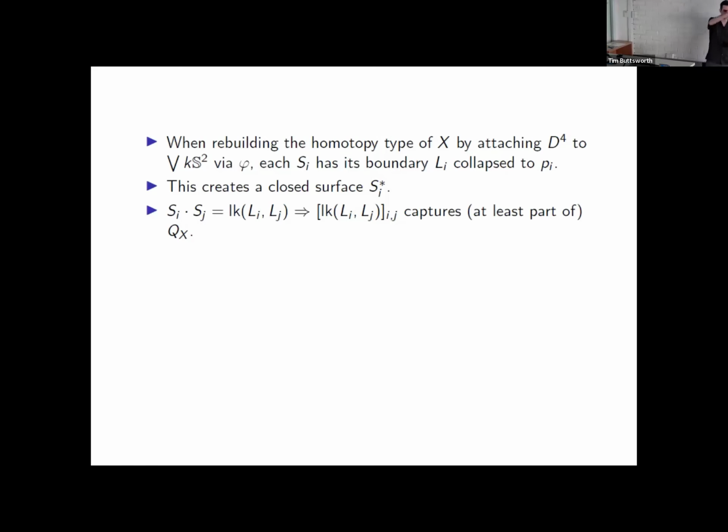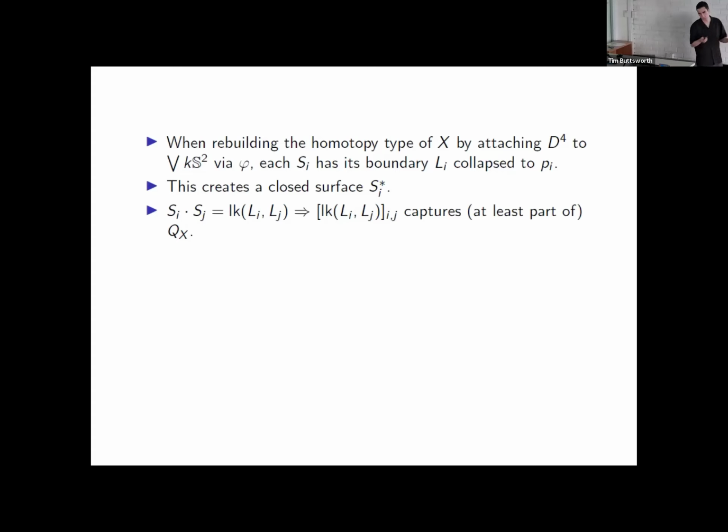Now I've got a closed surface. We observed that the intersection numbers of those surfaces are going to give me at least part of the intersection form. So really I should say the intersections of these closed surfaces.